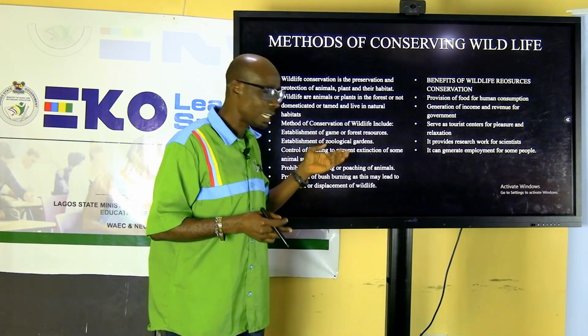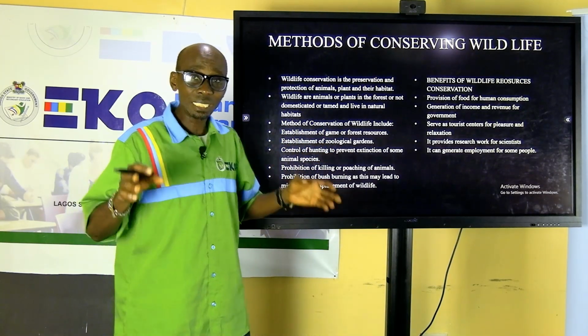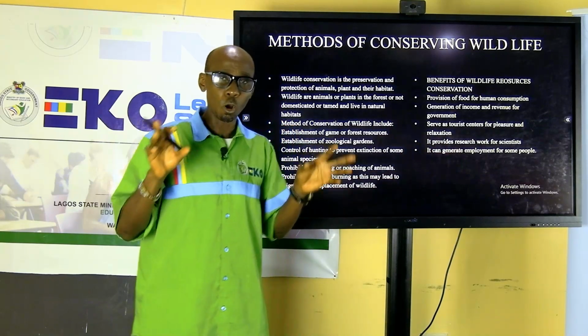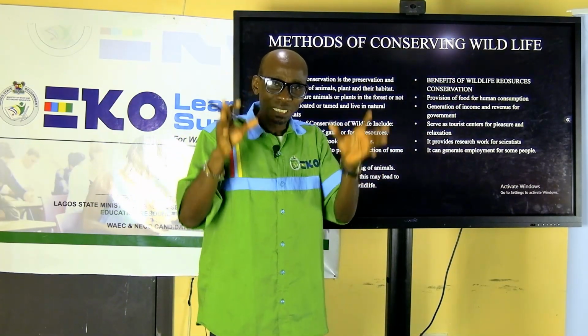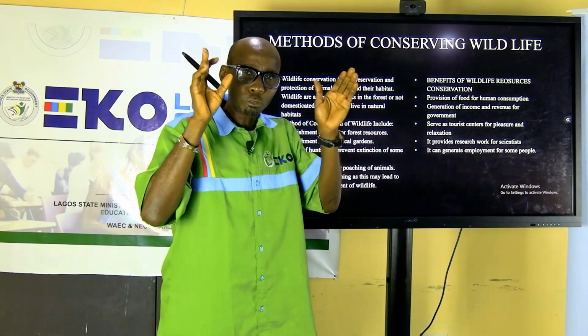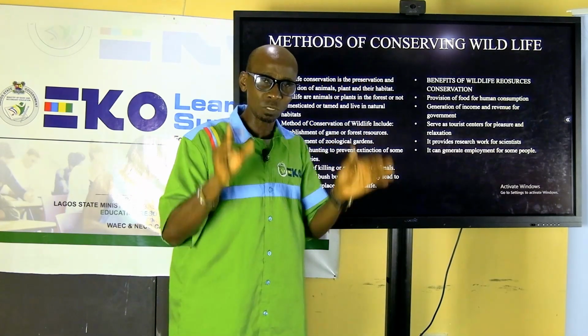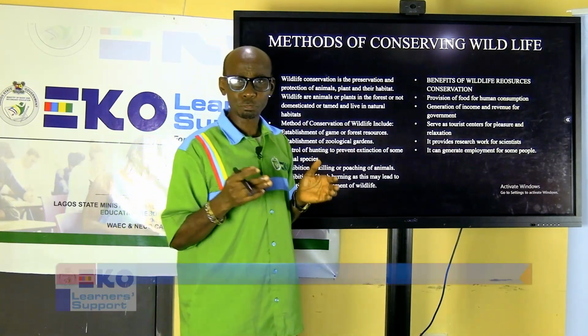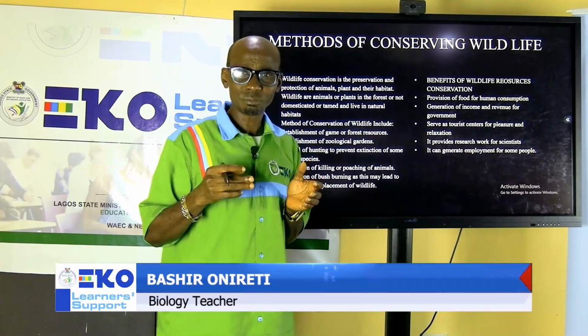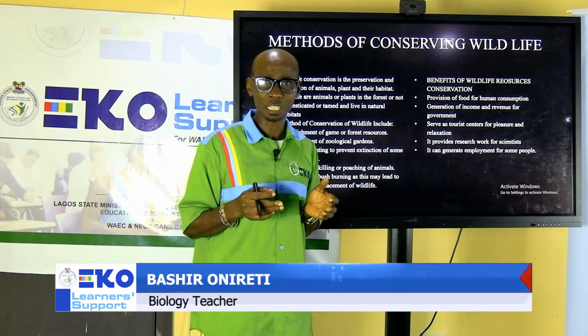But in forest reserves, these are their natural states, or national parks. These are natural environments that have been demarcated specifically for conservation of natural resources. And we have a lot of national parks and forest reserves in Nigeria.